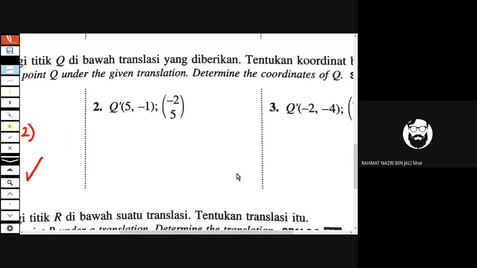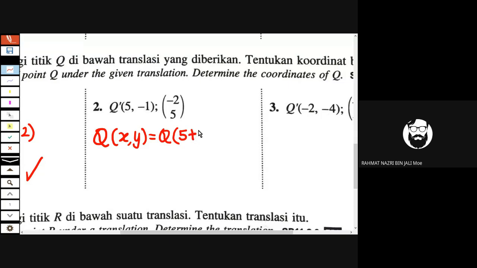Laju boleh ya? Kemudian nombor 2, sama juga. Kita gunakan Q with the coordinate X. Saya dah tulis slow-slow ni. Jadi Q sama dengan, kita ambil dari sini dahulu, ambil 5 dahulu, tolak. Bila tolak 2, dia akan jadi tambah.